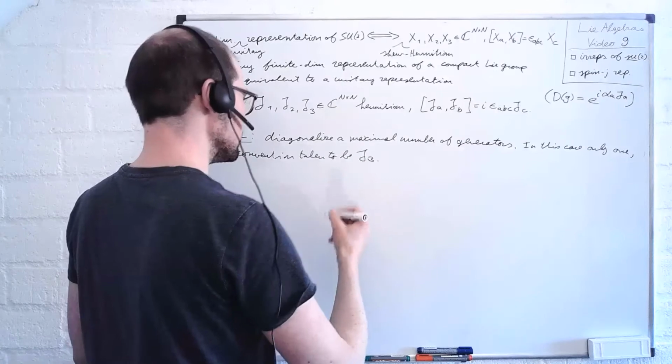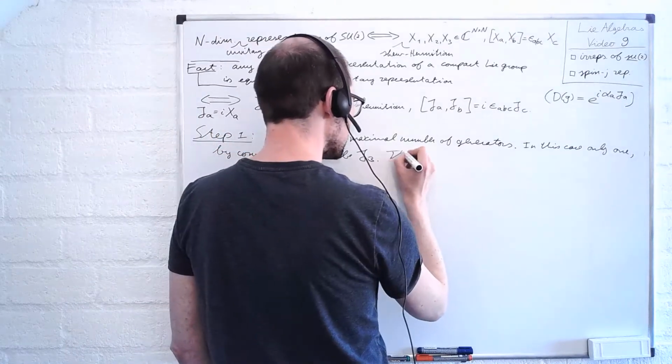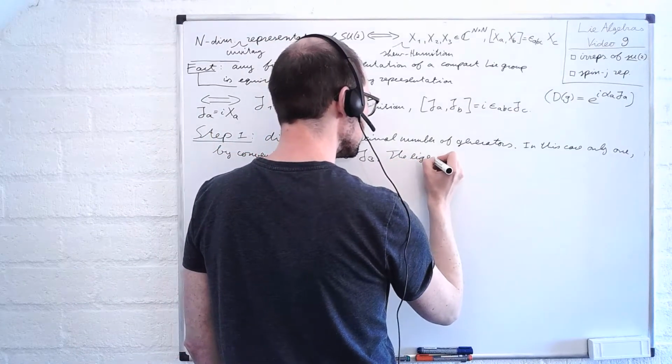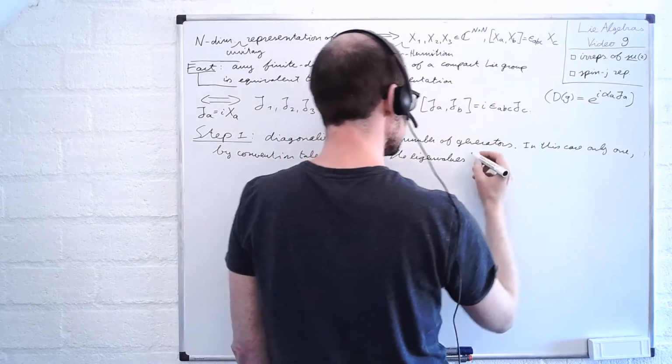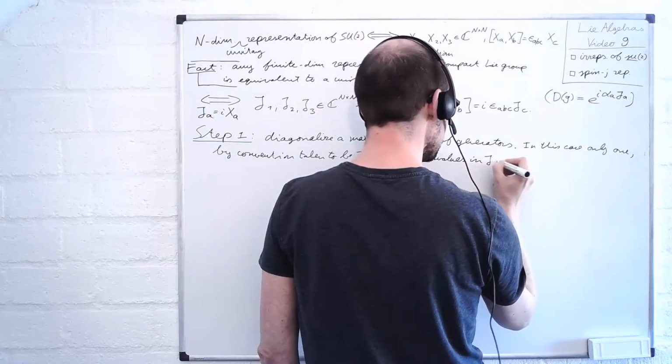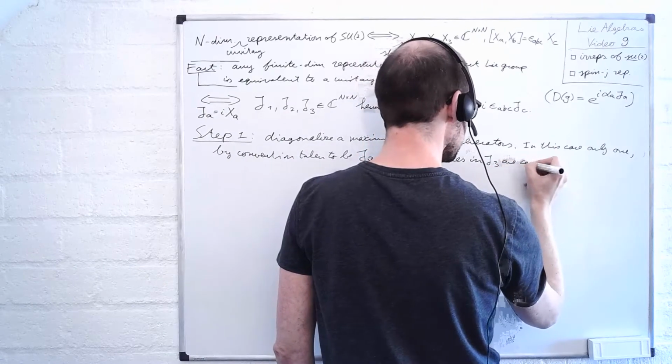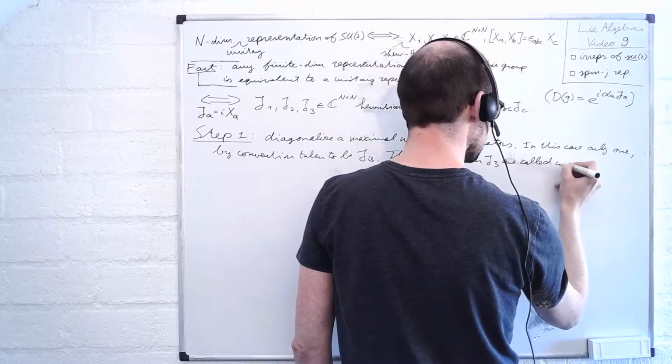Okay, and here is a little definition. The eigenvalues of this diagonalized operator, so in this case J3, are called weights.